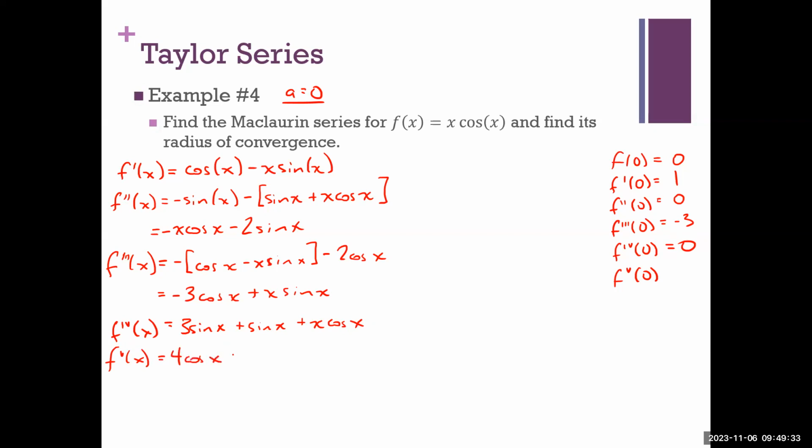So 4 cosine x, plus x cosine x. Product rule: derivative of x is 1 times sine of x. If you think I'm wrong, let me know, because that's very possible. But the derivative of 4 sine x is 4 cosine x. I've taken this derivative a couple times now, so I'll just drop it in. So plus what? What's the derivative of x cosine x?